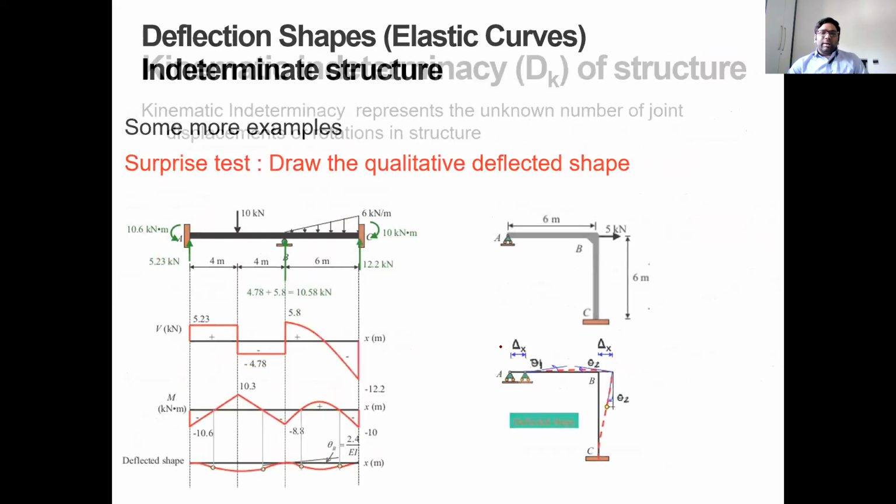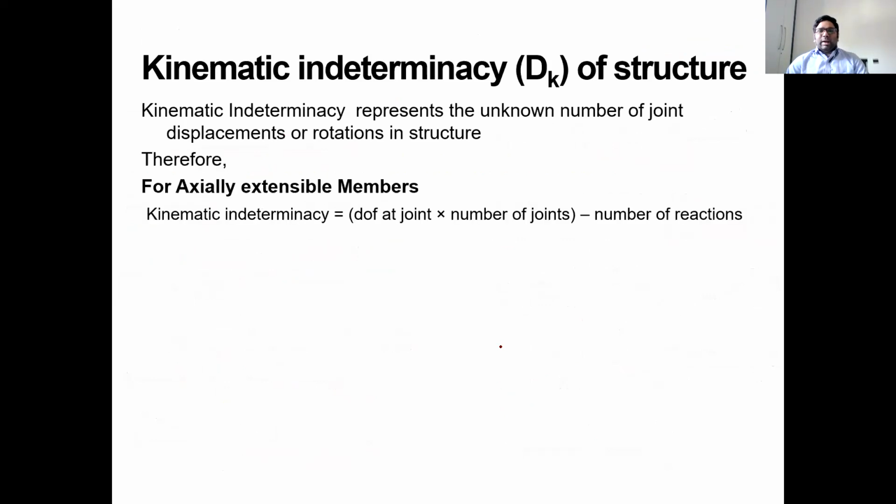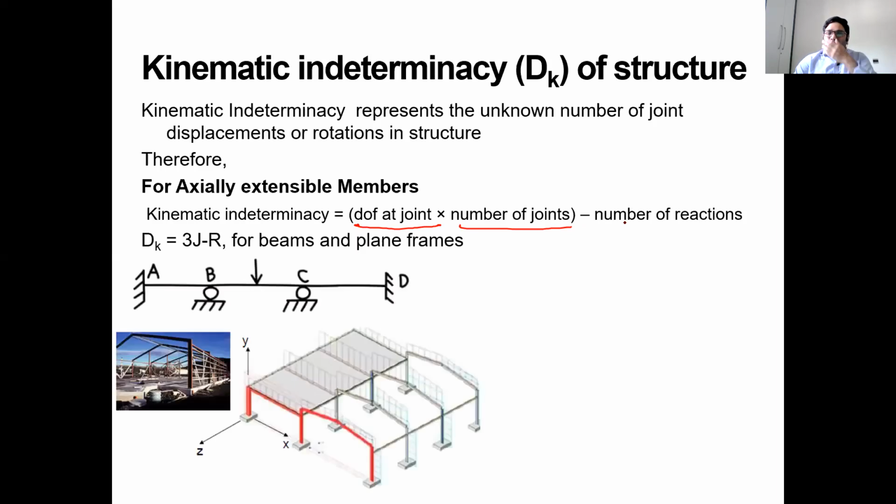So how to sketch the bending moment diagram? I will not say much about it. But now let us try to understand that for an axially extensible member, kinematic indeterminacy is equal to degrees of freedom at a joint multiplied by number of joints minus number of reactions.